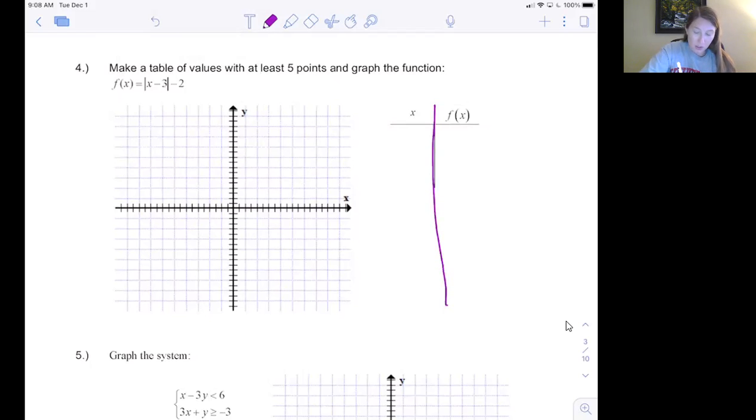So all you're doing is you're choosing 5 random x values. I always like to do 0 and negative and positive 1. It doesn't matter, but I always like to do 0 and then some positive and some negatives. And then I'm going to do -5 and +5. It's just a personal thing for me. I just like to have some positives, some negatives, so you can see both sides.